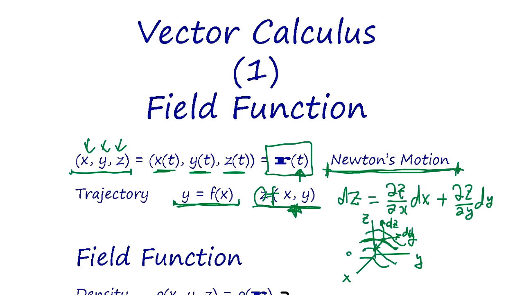So if you take a dx, it shows how much dz changes. Both changes affect dz, because you may be moving this way diagonally, right? So this kind of function is a multi-variable function.